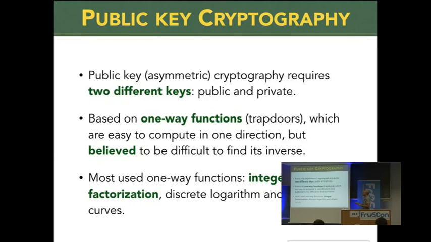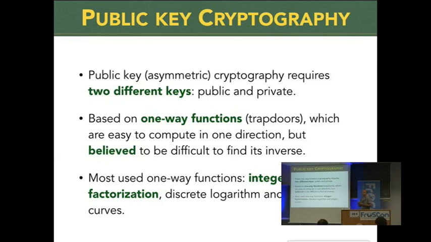Public key cryptography is based on one-way functions, which are also called trapdoors. These mathematical functions are really easy to compute in one way and really difficult in the other way. We'll see an example now. This is important because it is believed to be difficult. What does that mean?